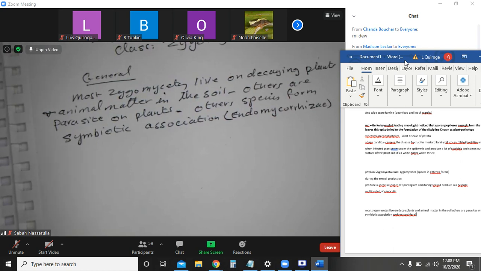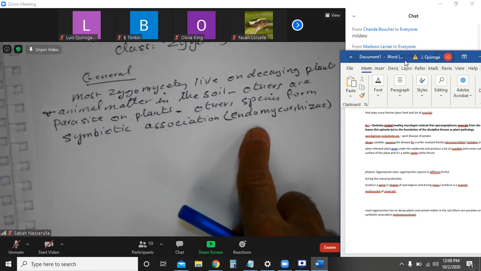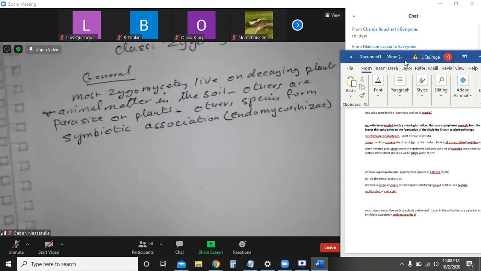Some of these fungi grow only outside of the root; in that case, we call it ectomycorrhizae. And some species go inside, especially in the cortex; we call them endomycorrhizae. I'm going to talk about it later, after I finish all the fungi, and explain which species are endo, which are ecto, and what their importance is.